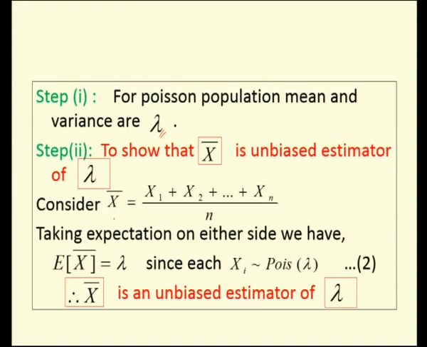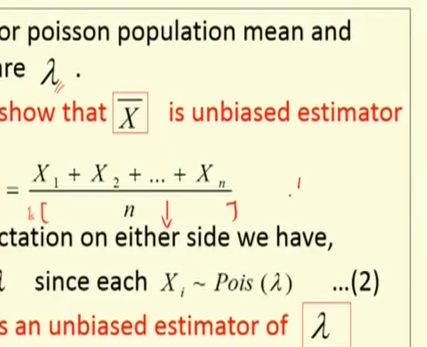So, consider x bar. You know that x bar is nothing but the mean of n random samples, x1 etc. up to xn, divided by n. Take expectation on either side. So, it becomes expectation of x bar equal to the expectation of this whole expression. 1 by n is a constant, take 1 by n outside, then you will have expectation of x1 etc. up to xn. Expectation of the sum is the sum of the expectations. So, you will have expectation of x1 plus etc. up to expectation of xn.